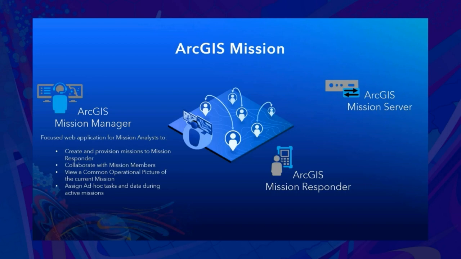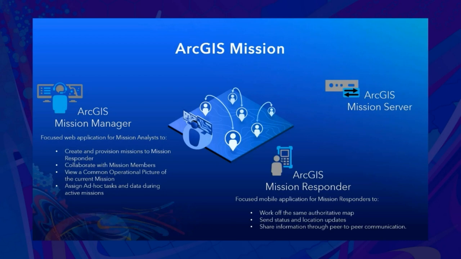ArcGIS Mission Responder is a mobile application that shares location updates between operatives and serves as a peer-to-peer communicator within the mission network. And last but certainly not least is ArcGIS Mission Server. ArcGIS Mission Server is the back-end processor of ArcGIS Mission. Mission Server facilitates peer-to-peer communication and relays up-to-date location data of all mission members.